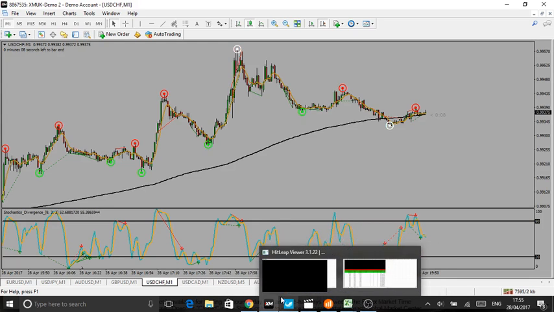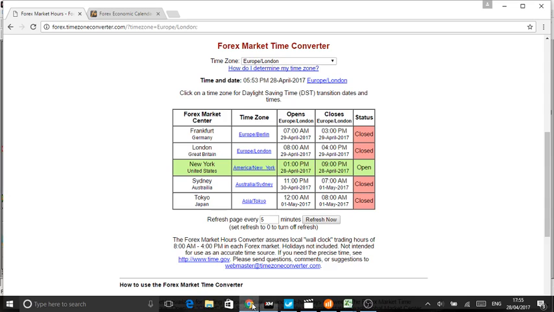It would vary, but let me go on to this website right here. Once you see London, which is Great Britain, and New York, which is the USA, both open, that's a really good time to trade, because the market is very volatile.